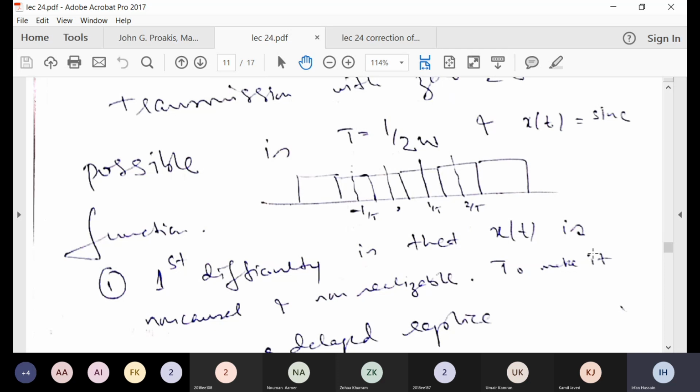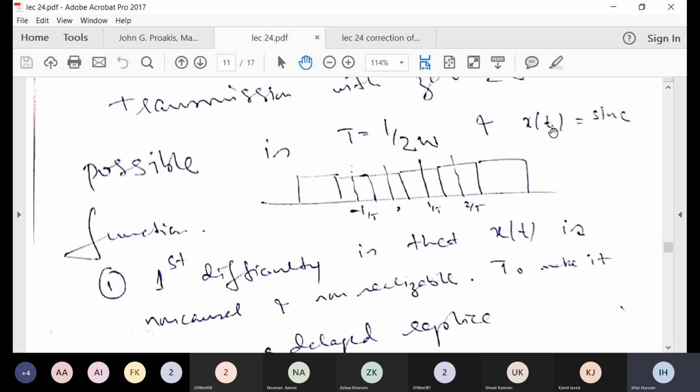Alright, so we have seen the case for zero ISI, that we should have a sinc pulse in time, and frequency should be a rect, and that rect, when it is replicated, satisfies the Nyquist criteria in frequency.